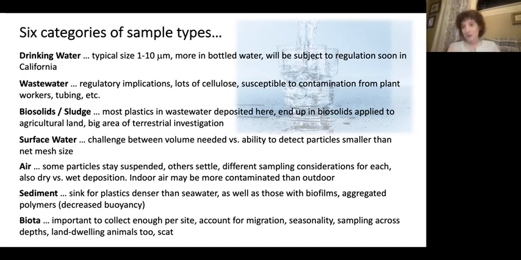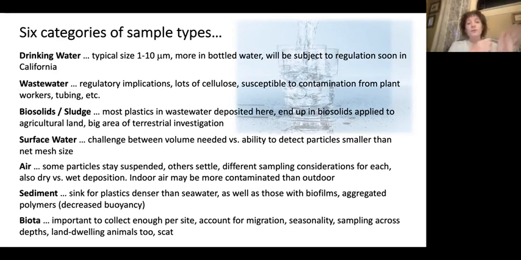And then, of course, biota, maybe one of the bigger areas researched now. It's important to collect enough animals per site, account for home range size. Is it an animal that tends to swim around large distances? So you need to account for migration and overlap with animals from other sites, seasonality, like I was mentioning earlier, as well as sampling across depths where possible.